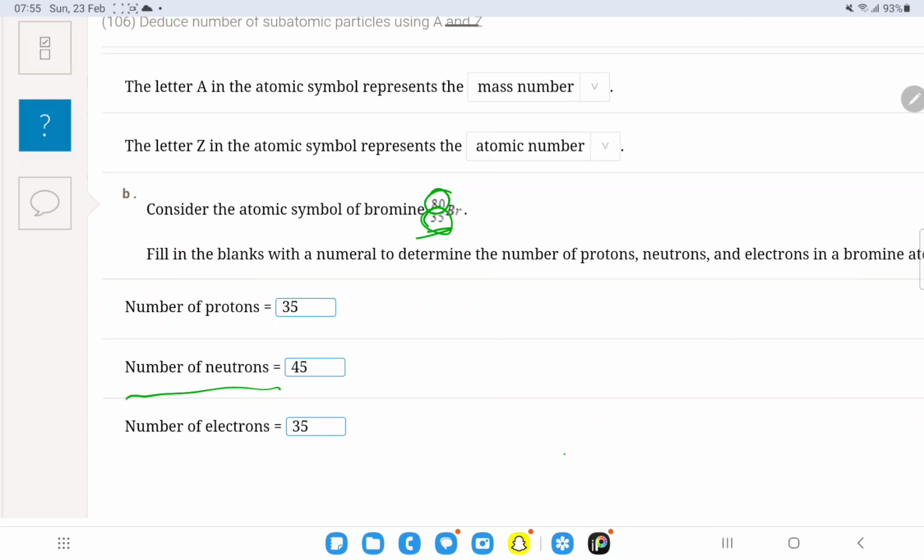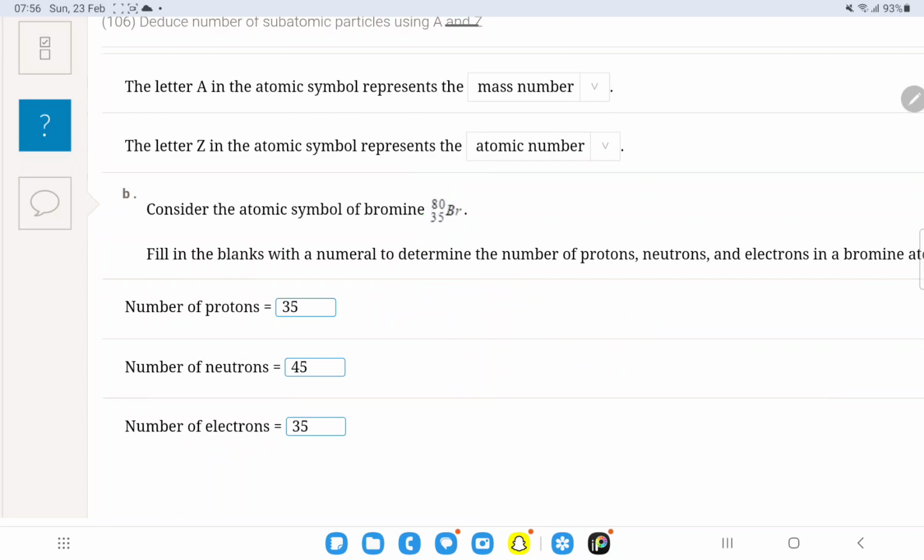Number of neutrons. So to find the number of neutrons, you do mass number minus atomic number. So you just get the bigger number and subtract the smaller number from it. So 80 minus 35 equals 45. So that's your neutrons. Number of electrons.